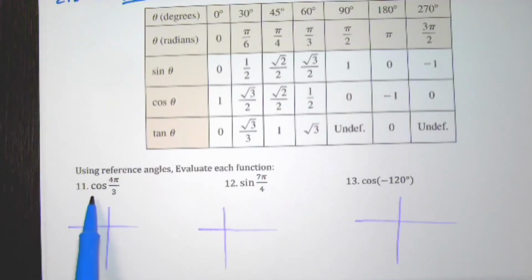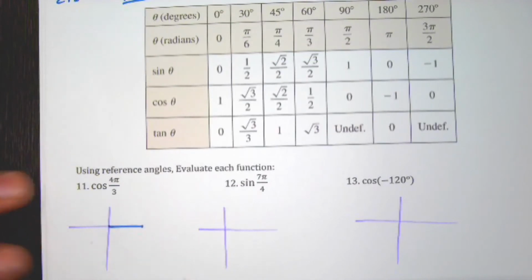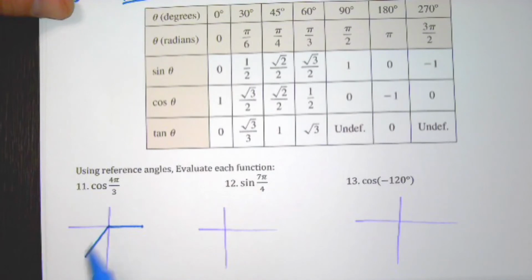So number 11, instead of even dealing with the idea of cosine, I just want to look at 4 pi over 3 and find its reference angle. So 4 pi over 3 is a little past that halfway mark, right? Because 3 pi over 3 is that top half.